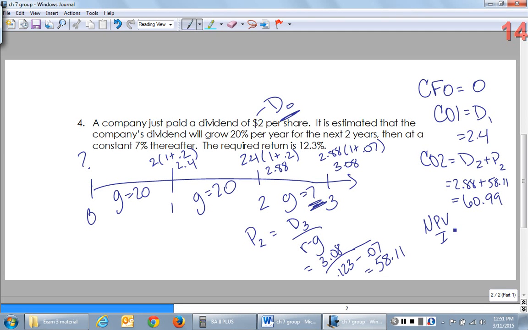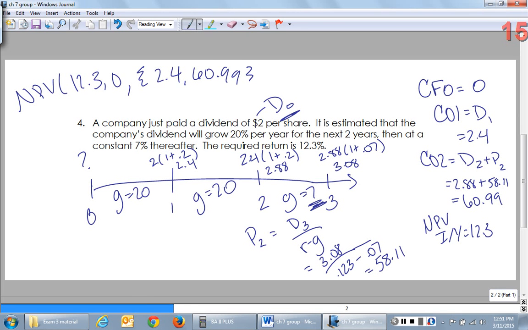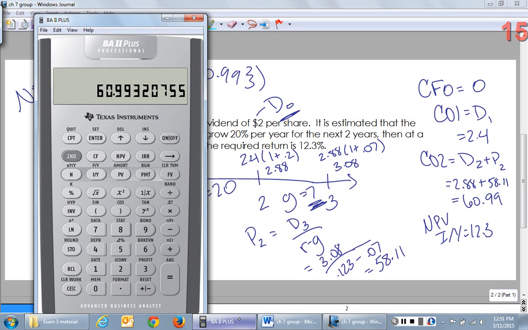NPV, I/Y equals 12.3. On a graphing calculator, we do 12.3, comma, cash flow at time period 0, comma, open braces, 2.4, comma, 60.99, close braces, close parentheses.